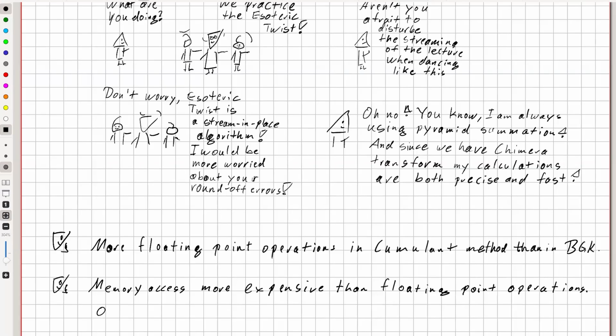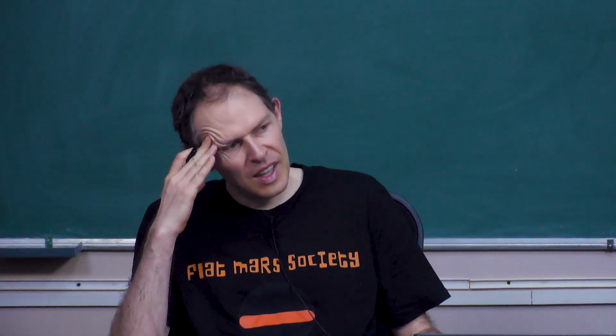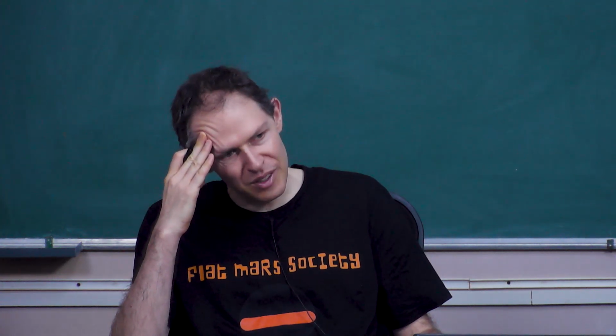What you can do with a clever implementation is an overlap. So you can overlap floating point operations with memory access, and if you do this and your memory access and your operations are not too much, computation can be more or less for free.